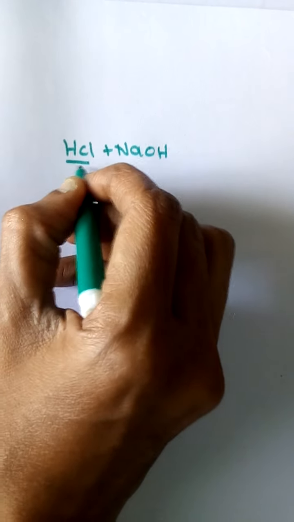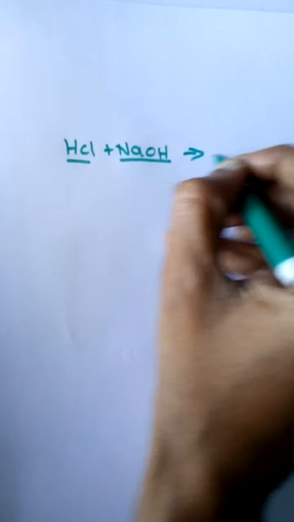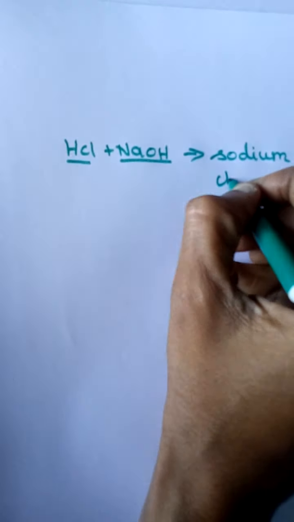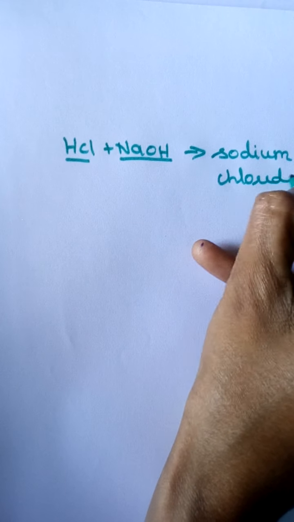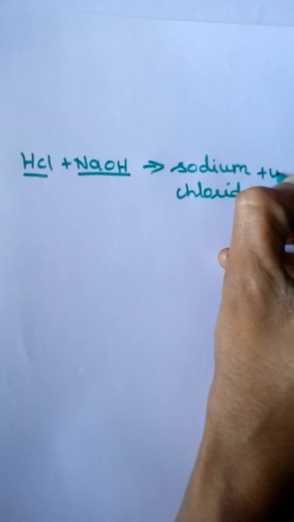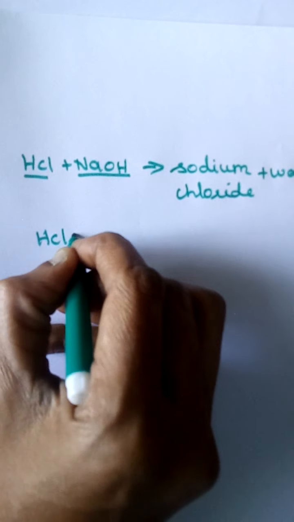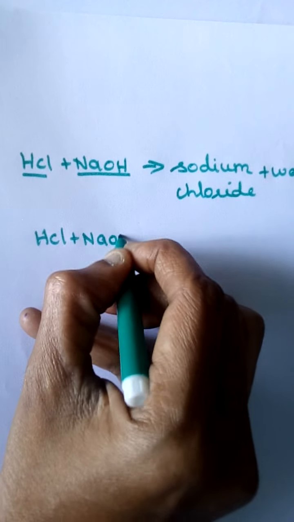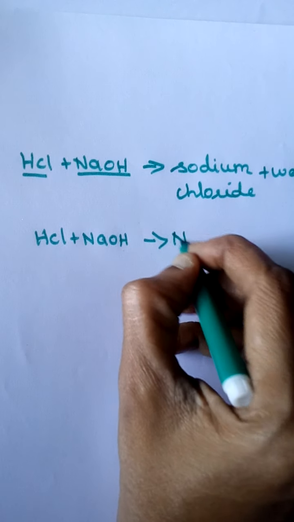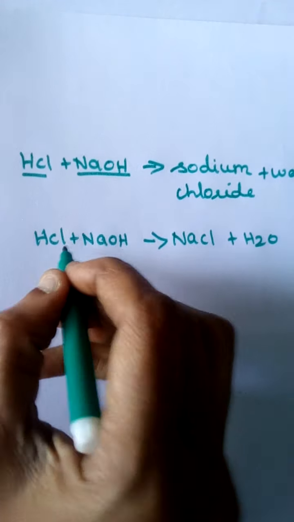HCl is hydrochloric acid, NaOH is the sodium hydroxide base.